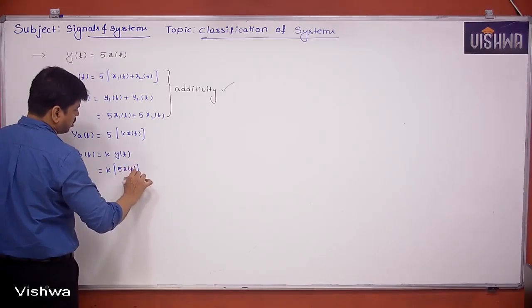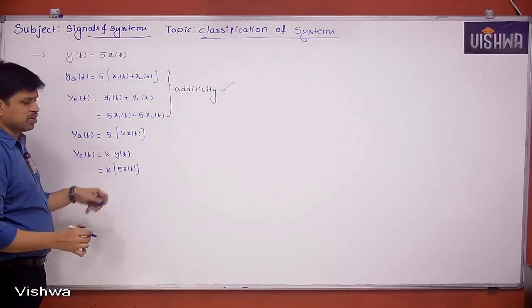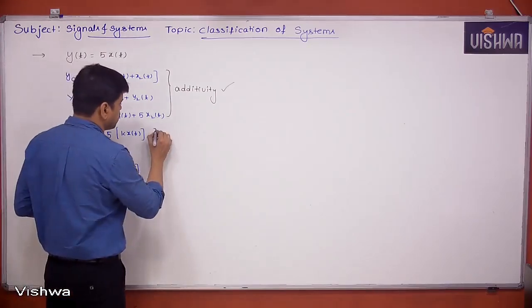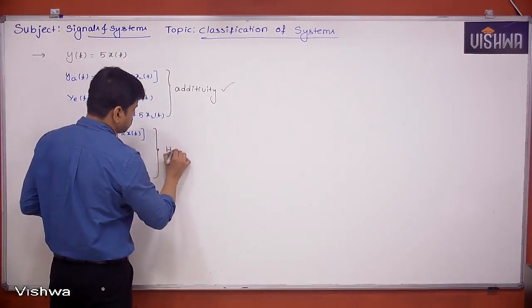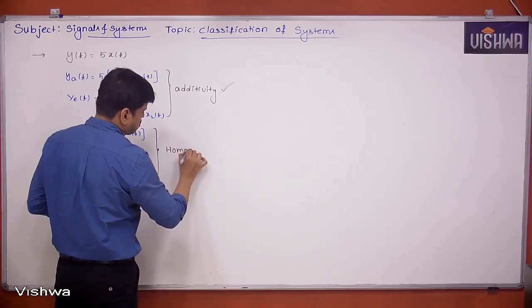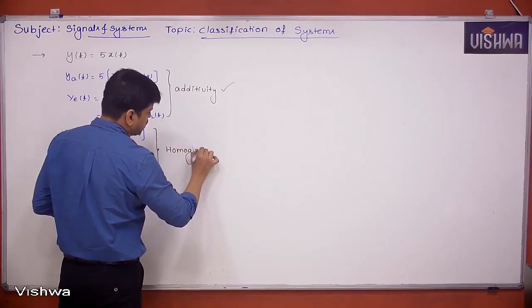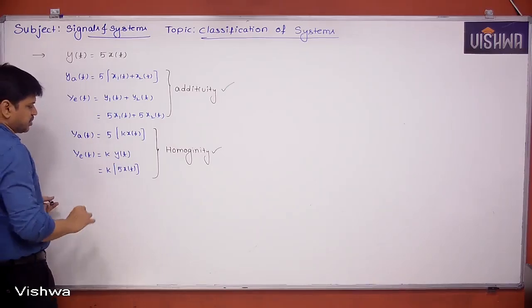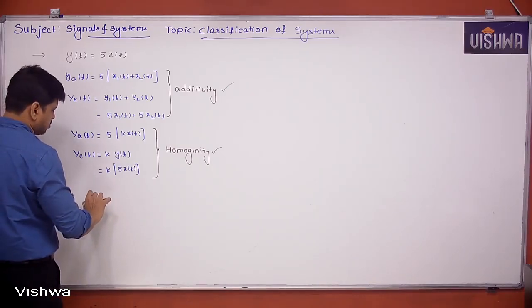If you observe carefully, both are same. 5k or k5, it doesn't make any difference. So I can say it is satisfying homogeneity also. Homogeneity also satisfied. So I can say both the properties are satisfied. The system is linear.